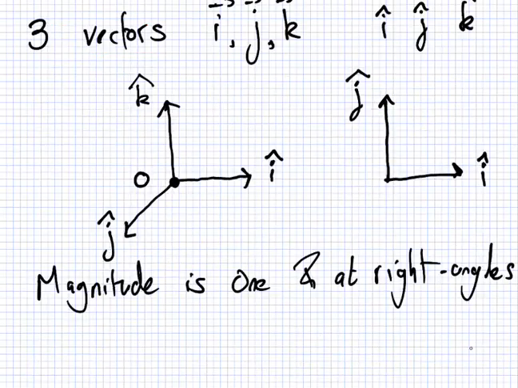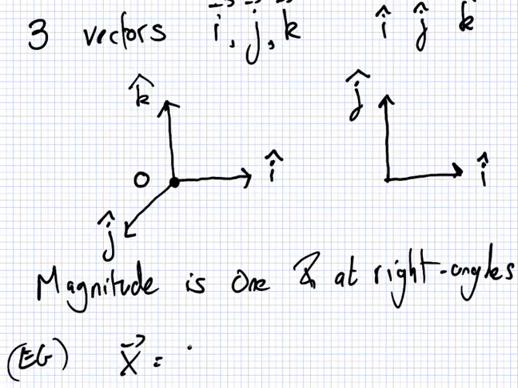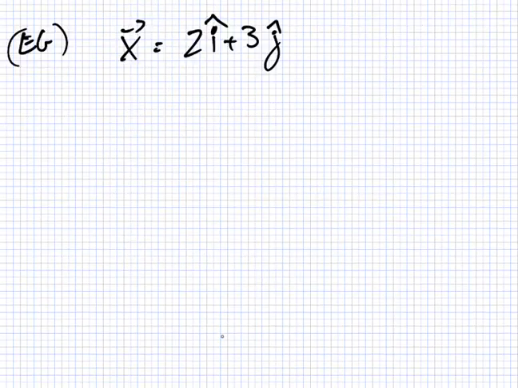Because, for example, I could now say something like x equals 2i plus 3j. And I don't need to give you a picture now. You know that i goes here and j goes here.